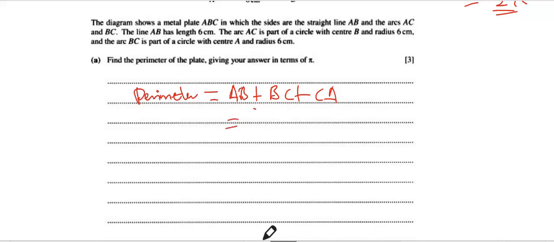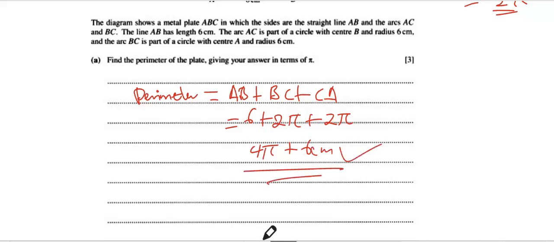We know AB is 6, plus BC is 2 pi that we got, and then CA will also be 2 pi because they are equal. So this will be 4 pi plus 6 centimeter. That's the answer to the question.